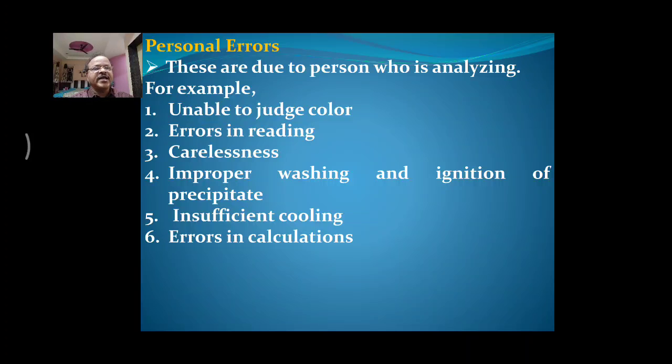Improper washing and ignition of precipitate: when we carry out gravimetric estimation, mass determination experiments, if we handle the precipitate improperly, if we don't wash that precipitate carefully, if we don't ignite that precipitate properly, then it will create the personal error.